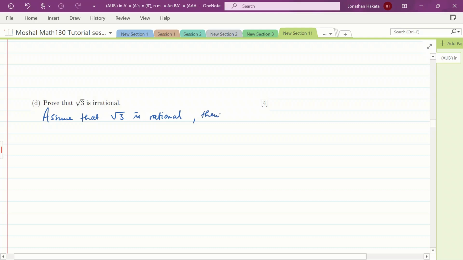Then I'm saying root 3 can be written as a over b, where a, b are integers, b is non-zero, and a and b are in their lowest terms.